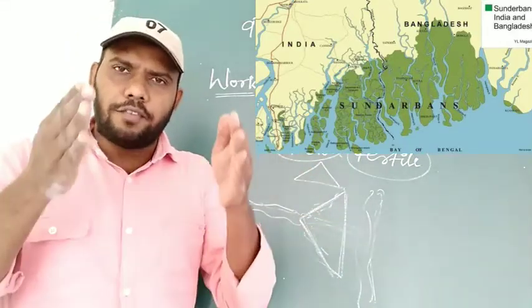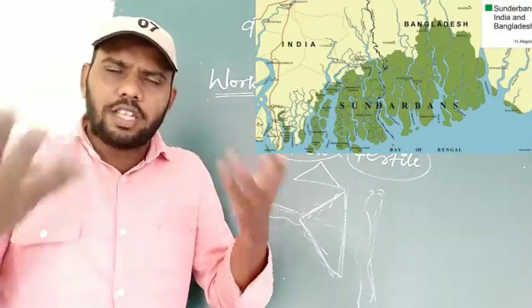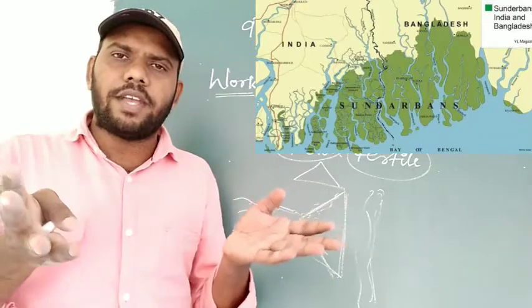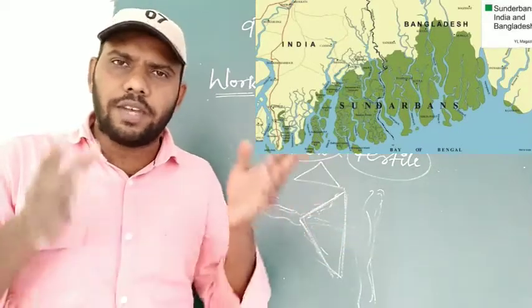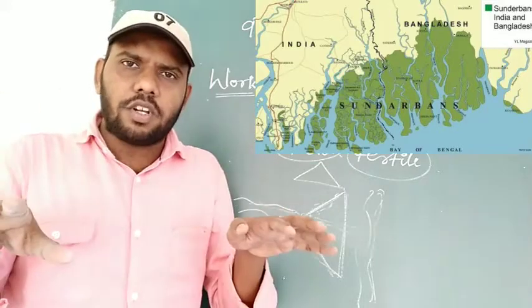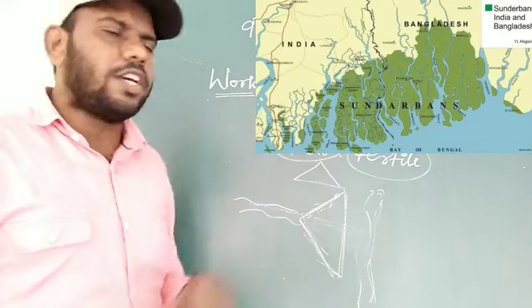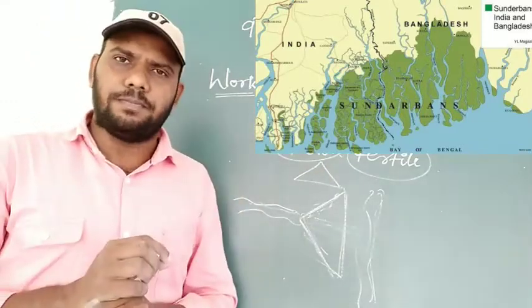Before they fall, they dump all the waste in the surroundings, and we know these two are very big rivers in India. So they create a large amount of waste around and form the delta. That delta we call the Sundarban Delta.